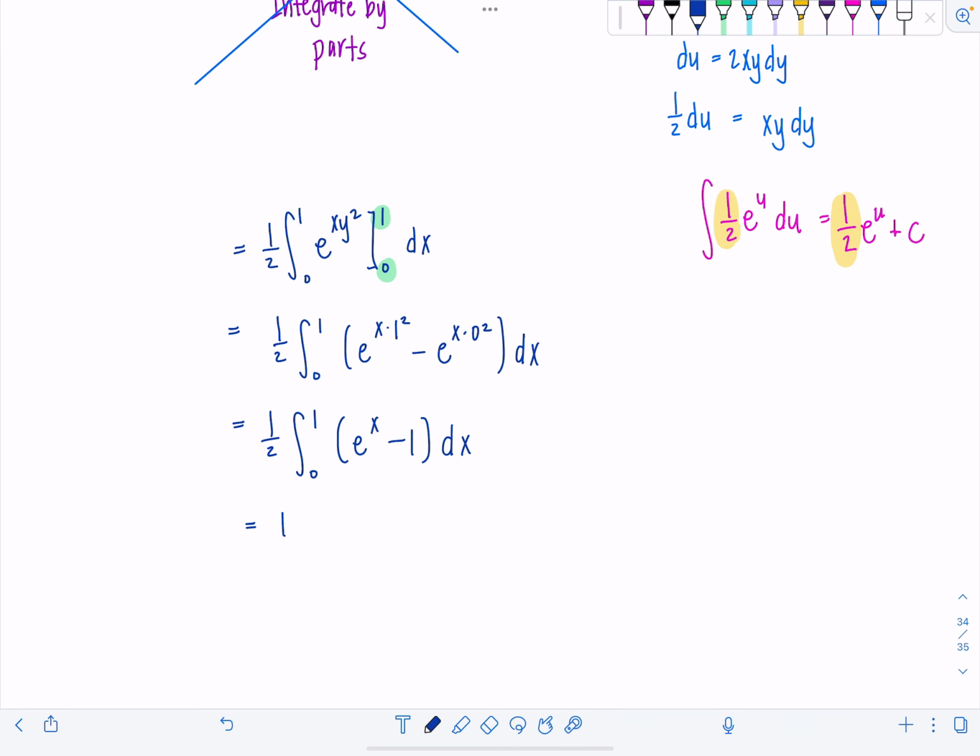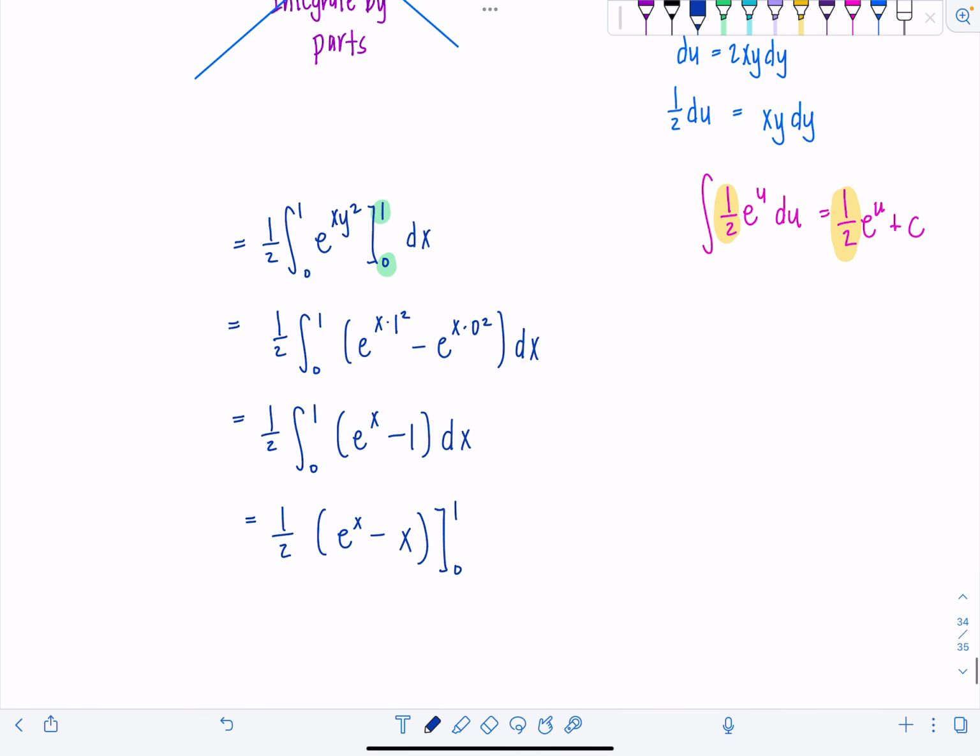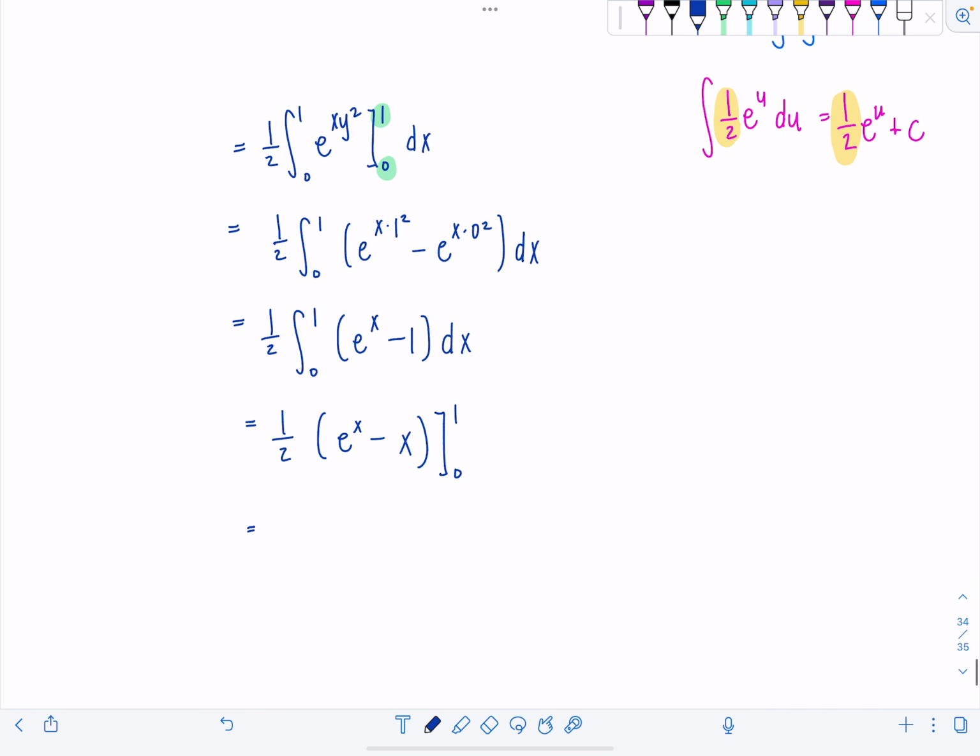We can just integrate term by term. 1/2, antiderivative of e to the x is e to the x. Antiderivative of 1 is x. All this from 0 to 1. Leave the 1/2 out, honestly. No need to bring it in till the very end, if that.